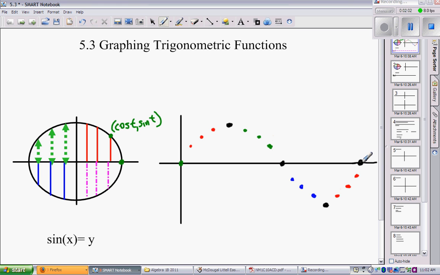Extended out, and it went all the way from 0 to 2 pi. We can connect it with a curve. There we go. This is the sine. This is the curve for y equals sine t.